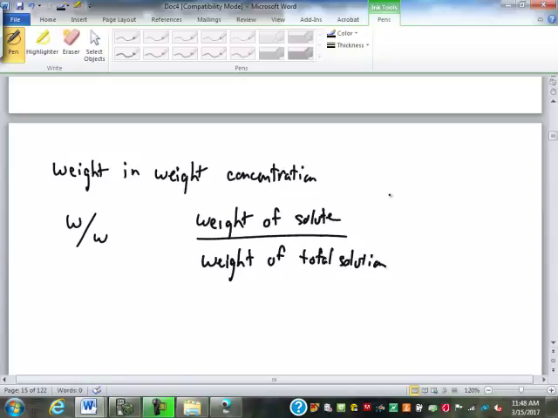Now that will give you a concentration as a decimal, as a rate. So you got to either move the decimal point or multiply by 100 to make it a percent.